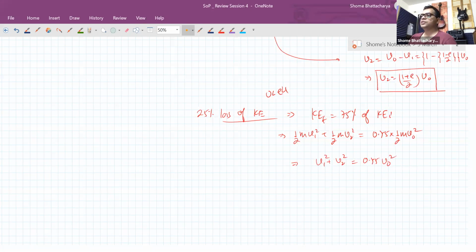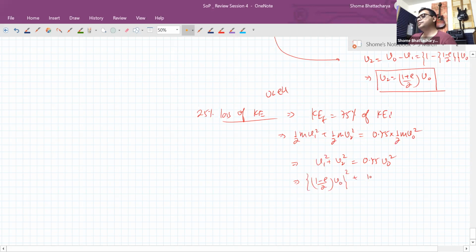So from this we can just substitute these values in terms of the coefficient of restitution. So this was (1 minus e) by 2 and (1 plus e) by 2.